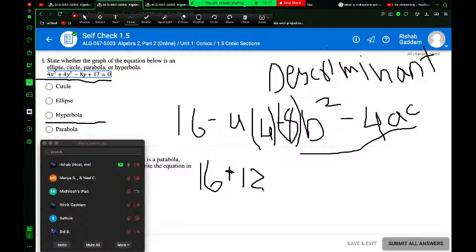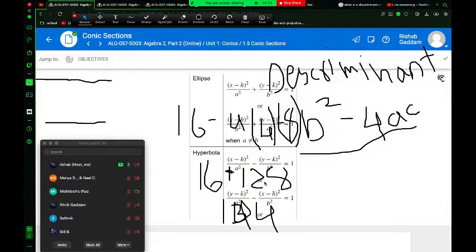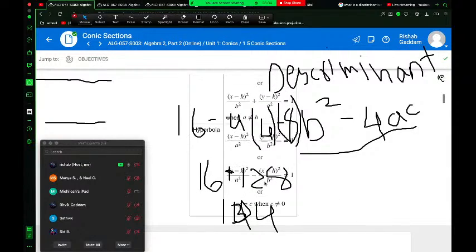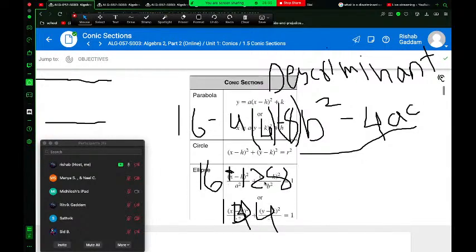So it becomes 16 plus 128, and that's going to become 144. So 144 is much greater than 0.